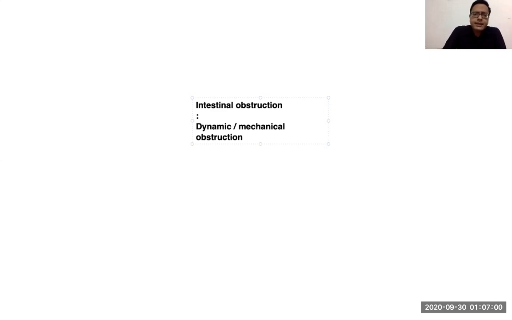So in the case of mechanical obstruction, mechanically it is obstructed, the peristaltic movement is obstructed, and that impedes the flow of the intraluminal content. That is called dynamic or mechanical obstruction. The other side, there is another type of obstruction that is possible, that is called functional obstruction or adynamic.